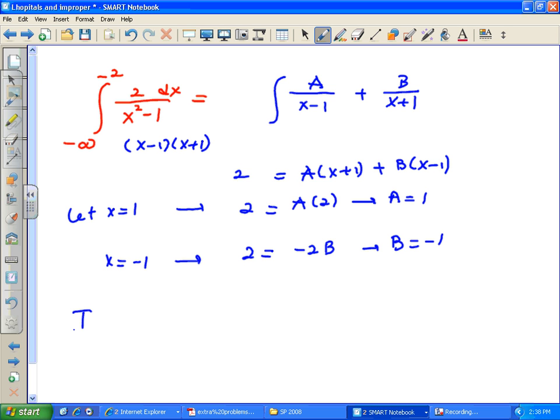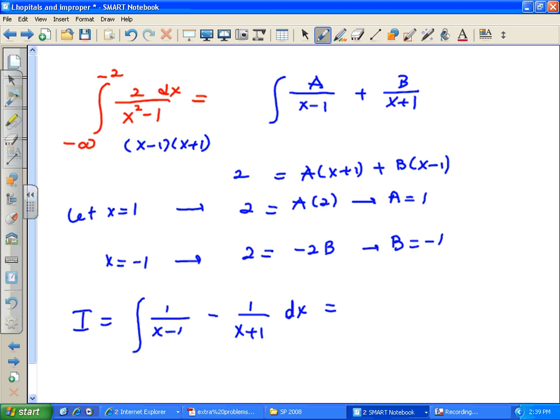And rewriting the given equation, since a is 1, we have to integrate 1 over x minus 1 plus, in this case, minus 1 over x plus 1 dx. By the way, if you're ever in doubt as to whether your partial fractions are correct, you could go back and add them up to get a single fraction with a unique denominator, and make sure that fraction really is the fraction that you started with.